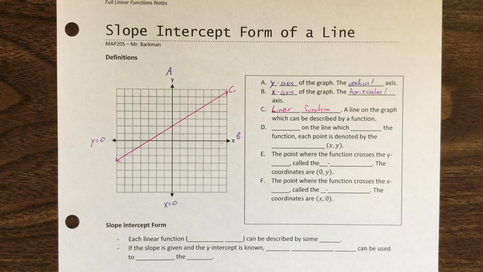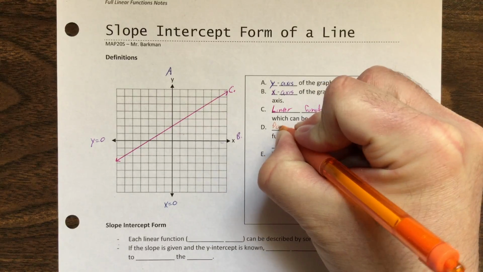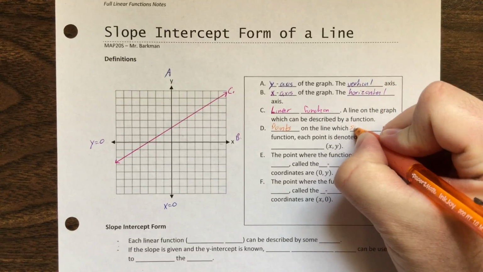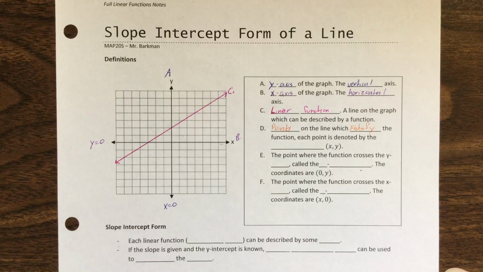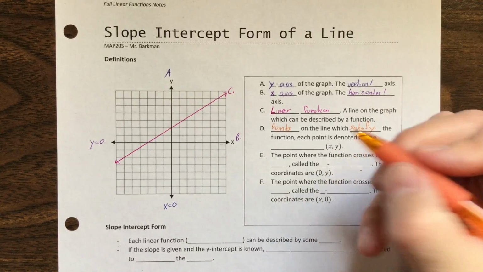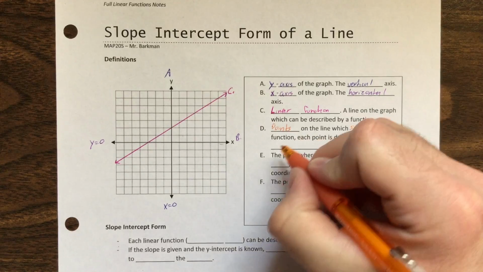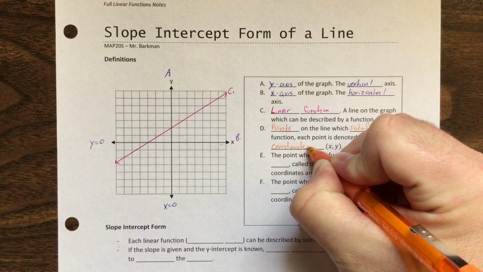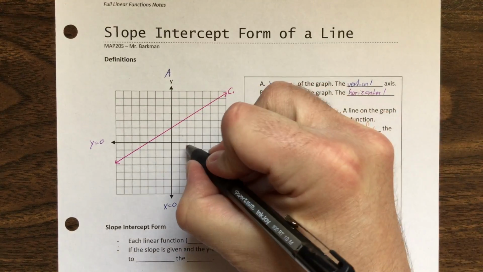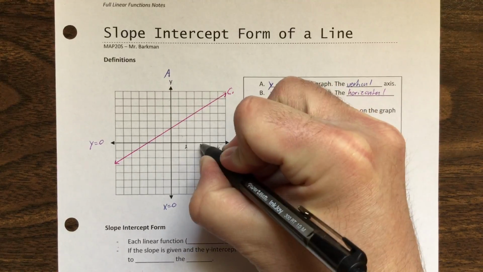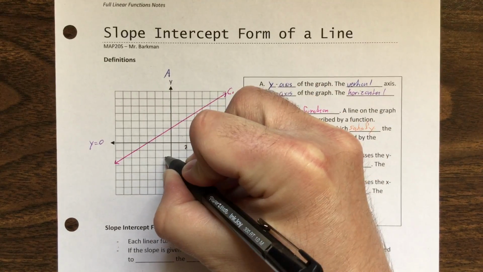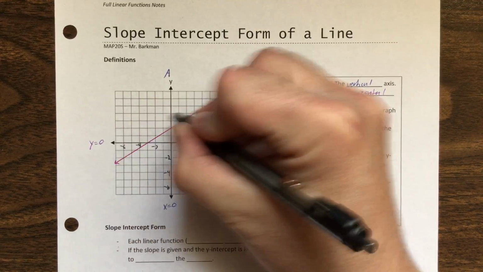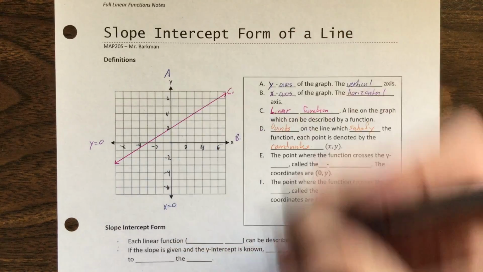Now, on the line, in different places, there are points which are on the line, which satisfy the function. Each point is denoted, which just means represented, by the coordinates, and we're always going to use x and y. I'm going to quickly label my numbers here, 2, 4, 6 on both axes.